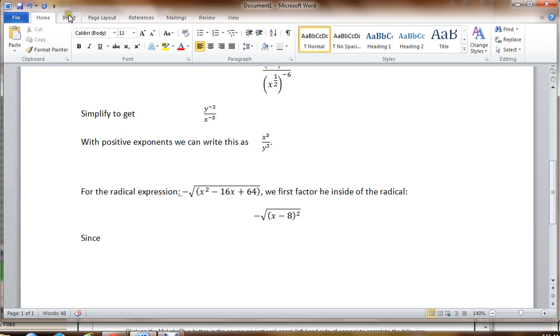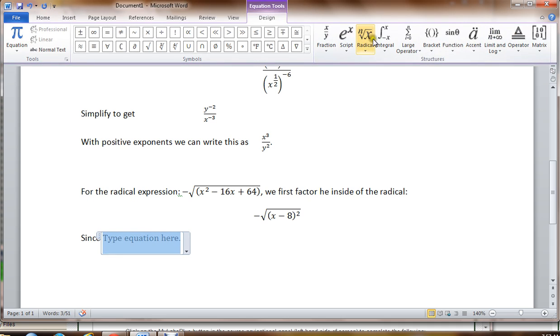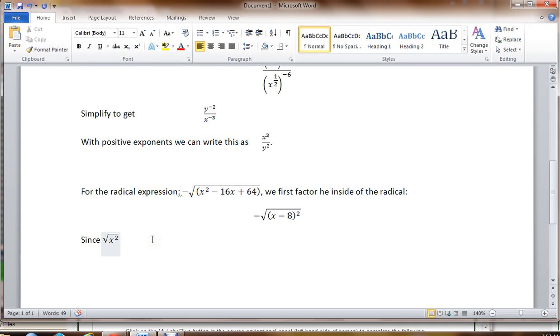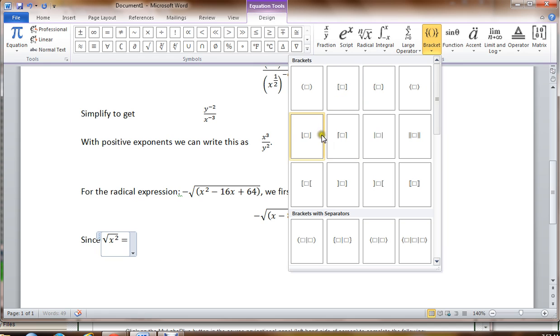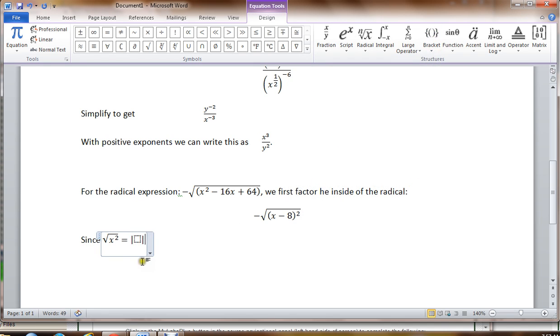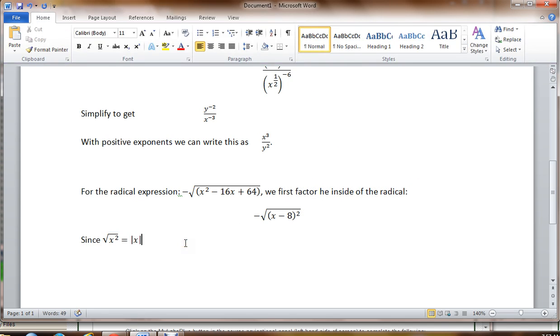So since the square root of, say, x squared is equal to the absolute value of x, we have that, just copy all this over.